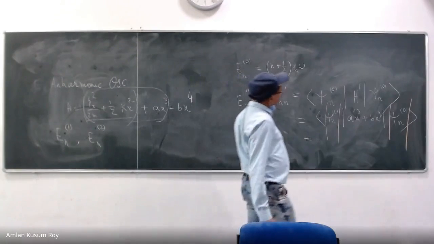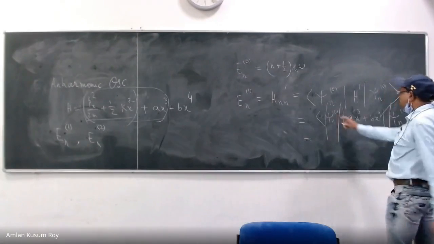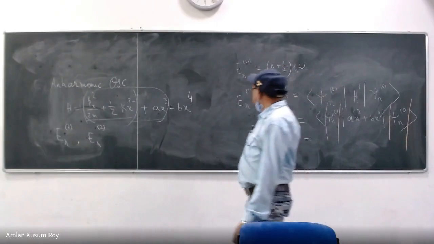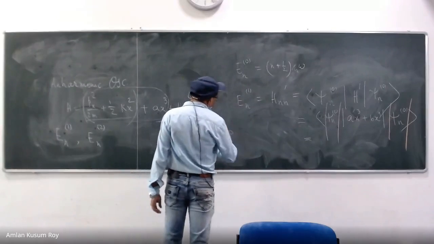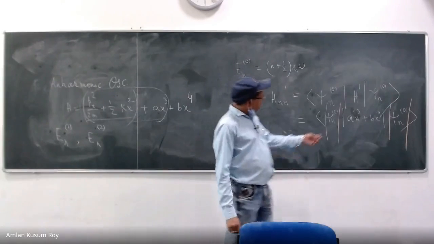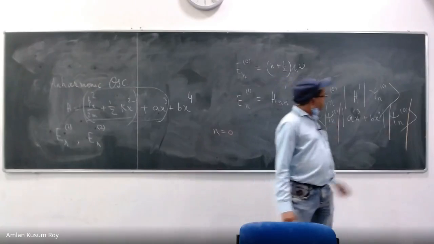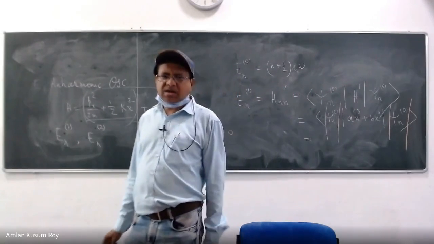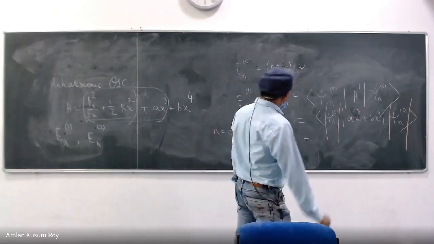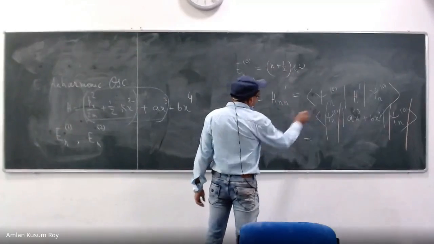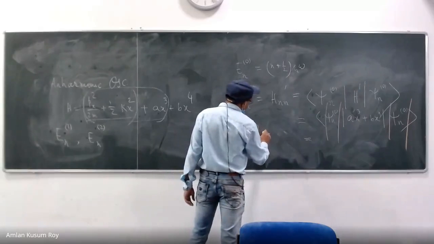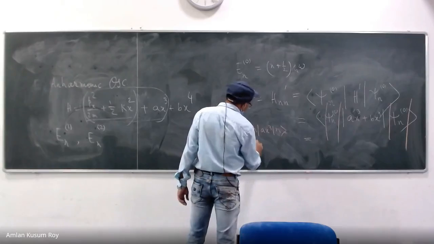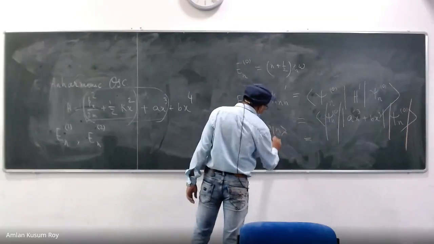The interesting part is that if I take n equal to 0, that means the ground state, this is an even function, this is an even function, and the product is an even function. So if I write psi n0, I can write this into two pieces, ax cube and bx to the power 4.